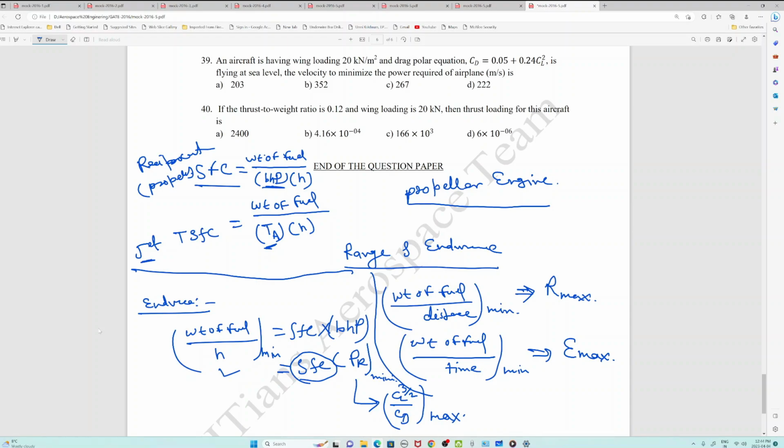So, in the GATE exam for maximum endurance, they can ask that this factor must be minimum, this must be minimum, and if you can make this minimum also. And for making this minimum, this is the minimum power condition.